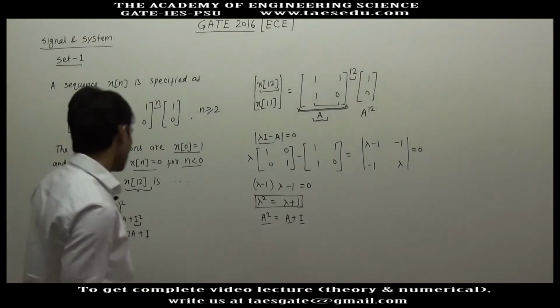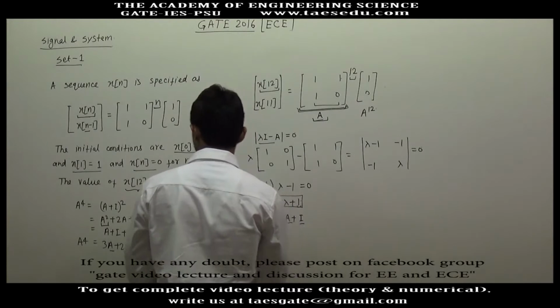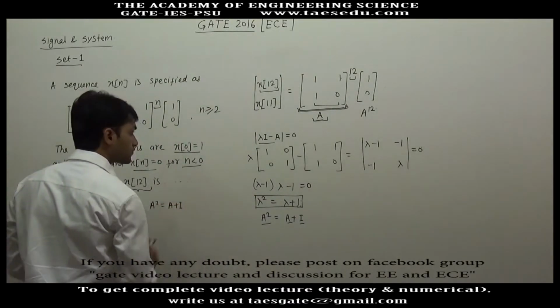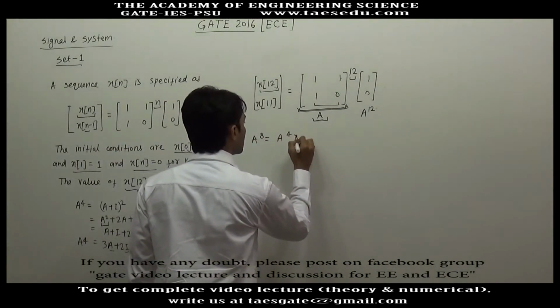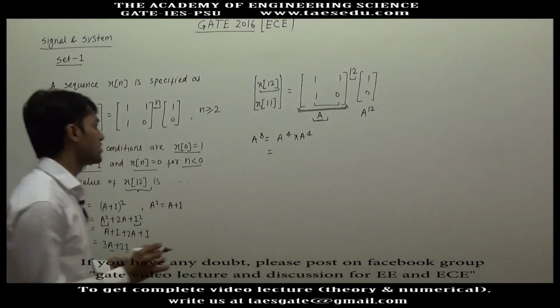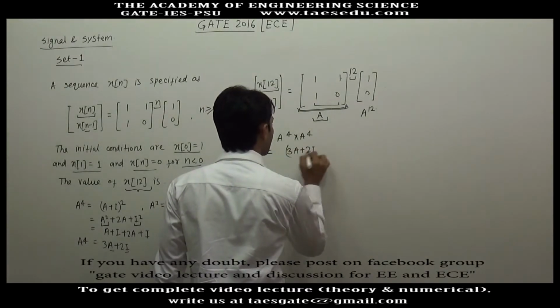A square is A plus I. Now we will find A to the power 8. A to the power 8 is A4 into A4. So this will be 3A plus 2I whole square.